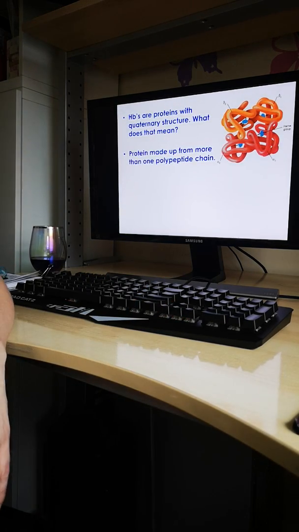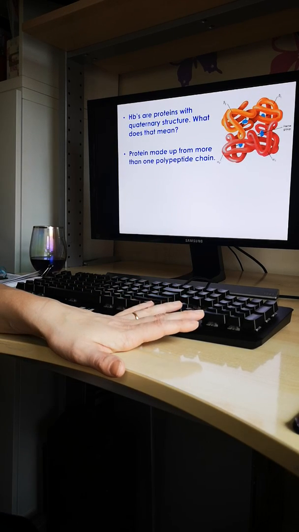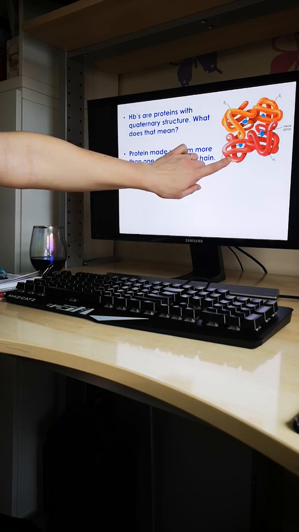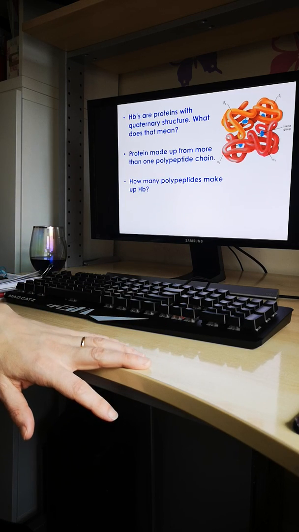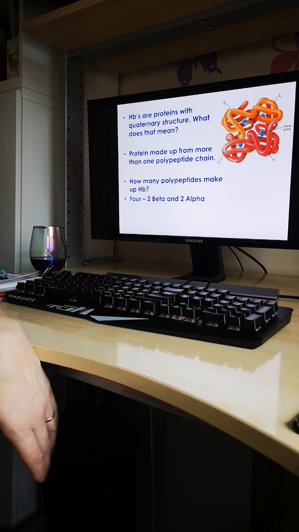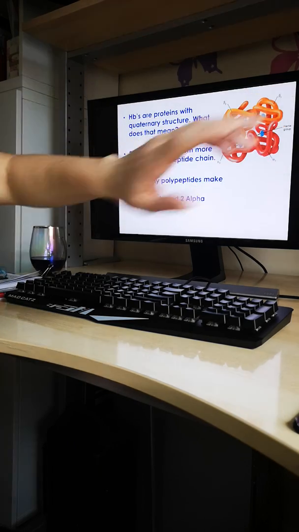Well, we know it must mean that they're made up from more than one polypeptide chain, because that's the definition of quaternary structure. So if we look at that structure, because this is human haemoglobin here, how many polypeptides do you think make it up? They're labelled. You should count 4 in total, 2 beta and 2 alpha.